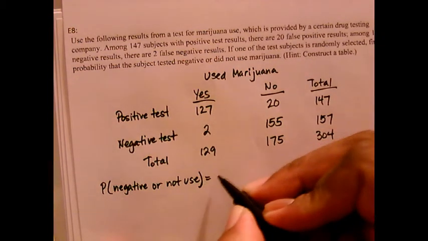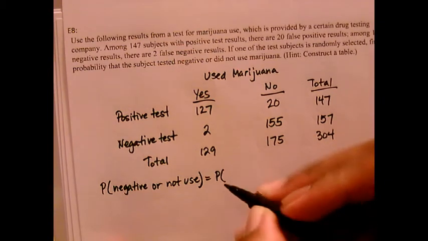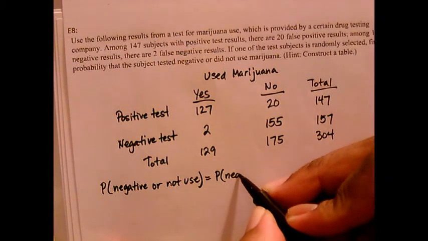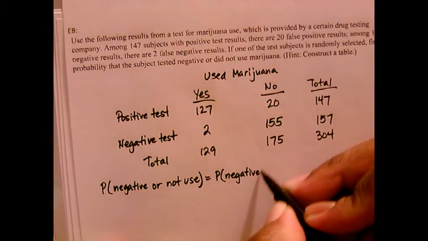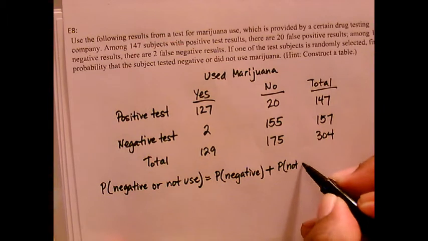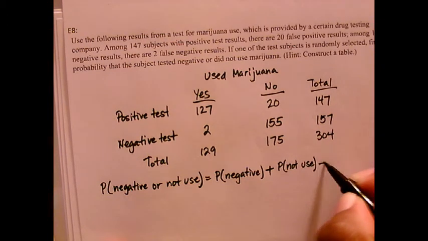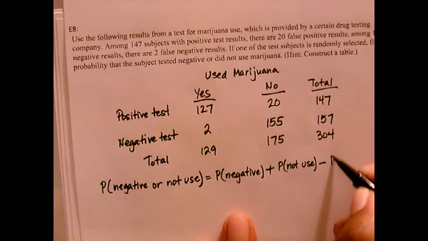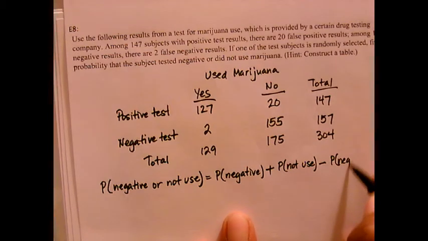So we have to use the formal addition rule that we talked about. In this case, it'll be the probability of a negative test plus the probability that the person did not use marijuana minus the probability of a negative test and not use marijuana.